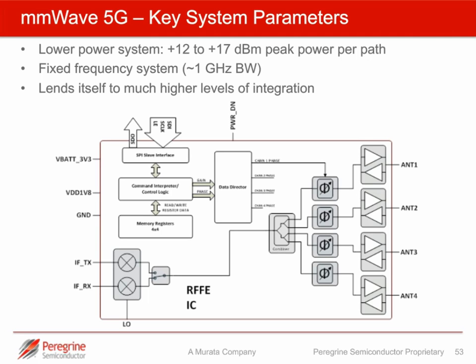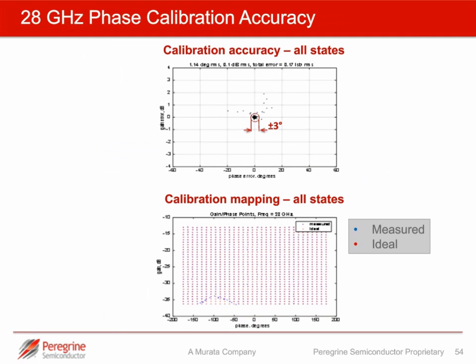We can see that the key beamforming element is shown at the center of the diagram towards the right as a phase shifter element. So that's the primary beamforming element. That beamforming element is driving a series of amplifiers which then drive the antenna array elements. So again, phase calibration and accuracy are extremely important, as we discussed before.